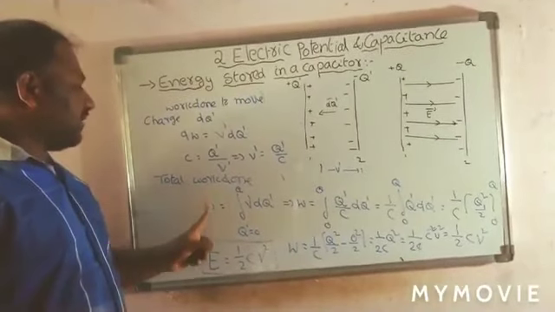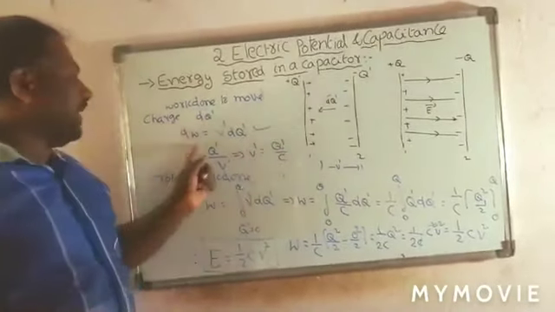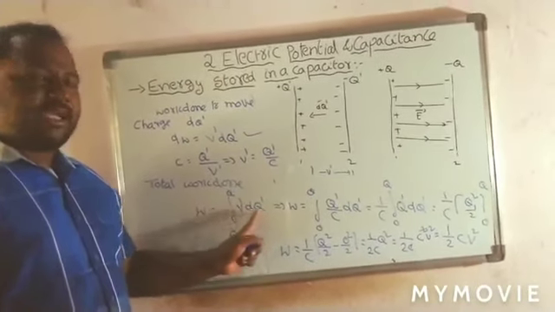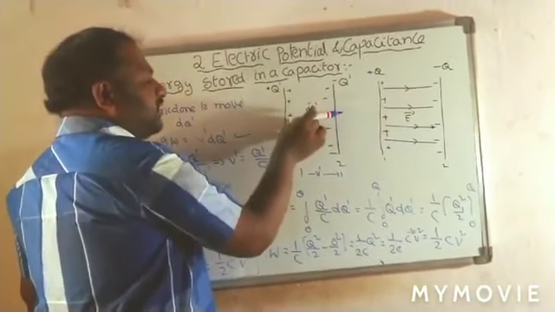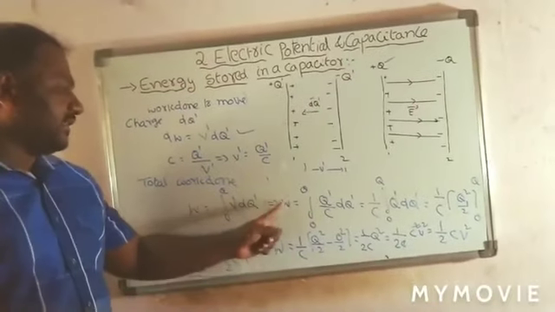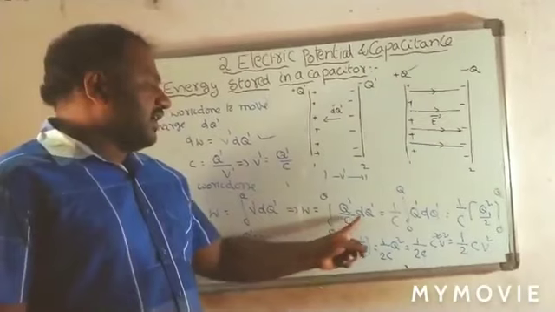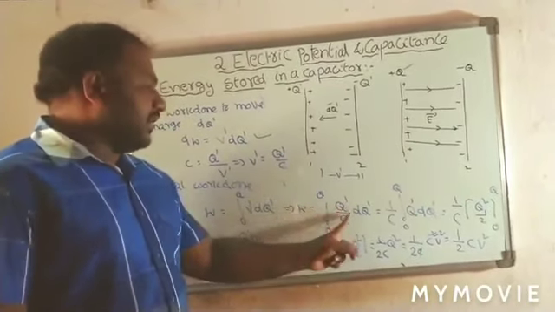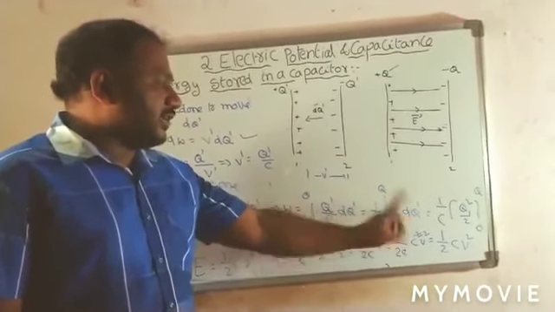Therefore the total work done is found by applying integration. W is equal to integral V dash dQ dash. Initially the charge is 0 and it is charged up to Q, so the limits for Q dash are 0 to Q. V dash is nothing but Q dash by C. Substituting, we get 1 by C integral 0 to Q, Q dash dQ dash.